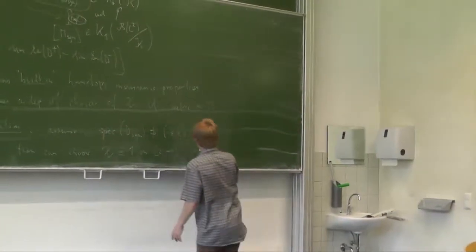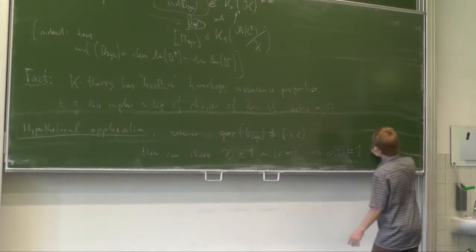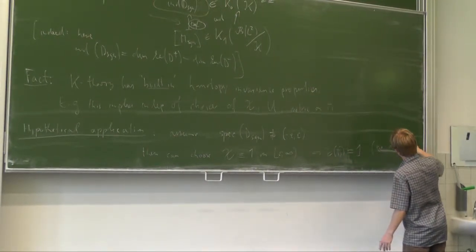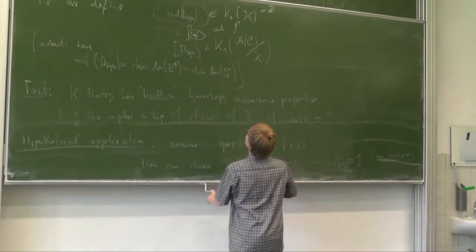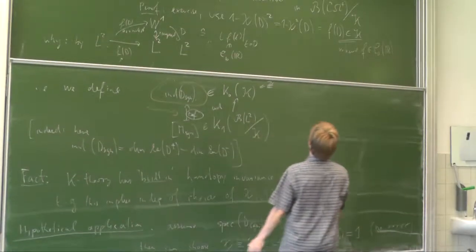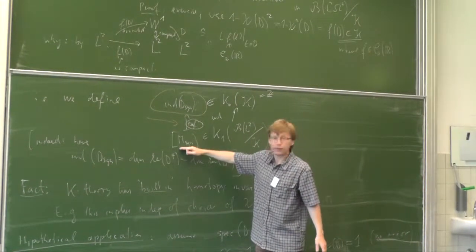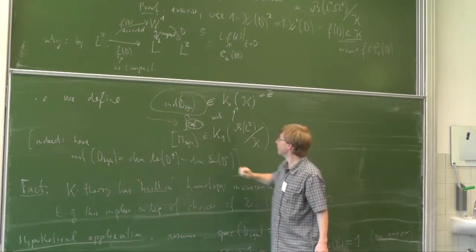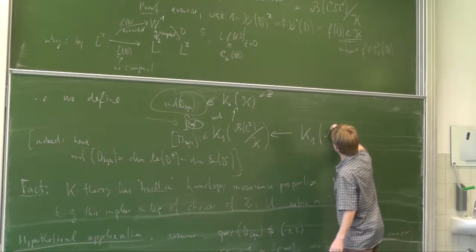So that implies chi squared of D is equal to 1, no error, which, if you look at our construction up here, means that the class which we define here actually made sense already one to the left.